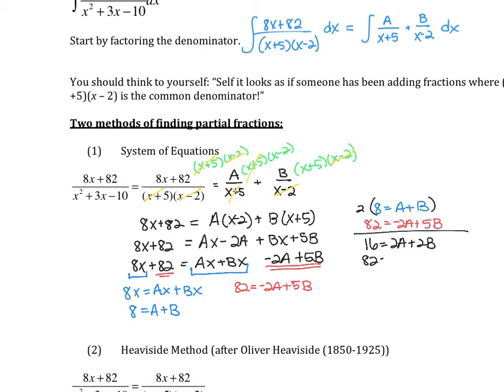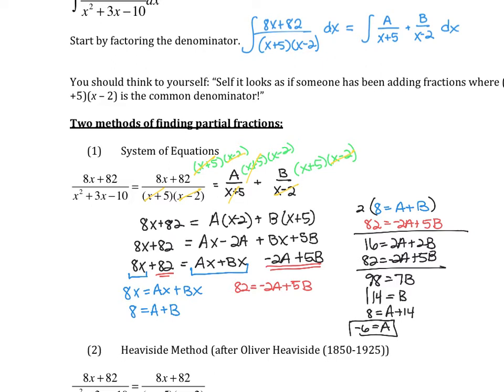And then I have 82 equals negative 2a plus 5b. And now I can eliminate one of my variables. Adding together, we get 98 equals 7b, which means b equals 14. And substituting that back into 8 equals a plus b, we get that a equals negative 6.